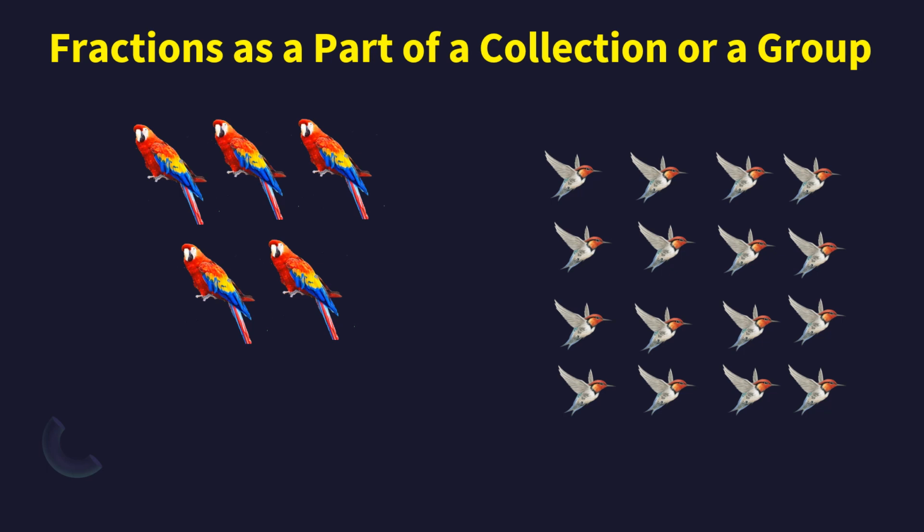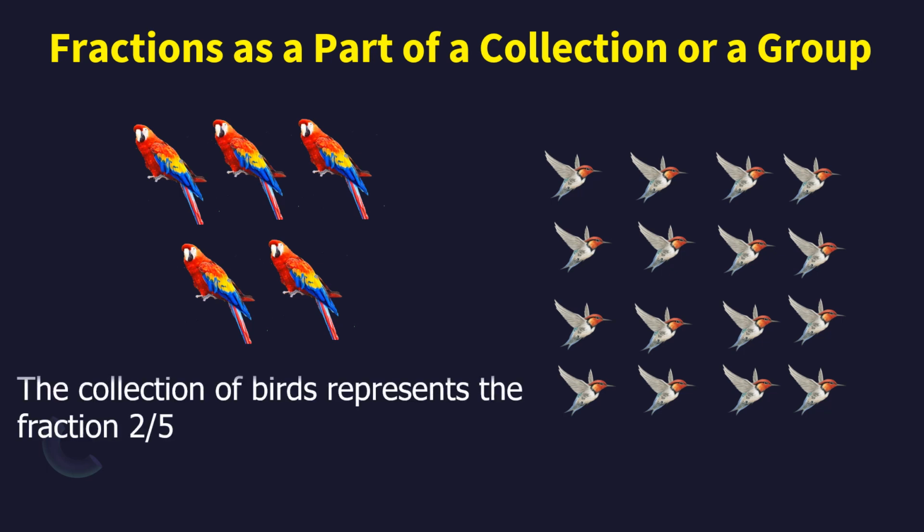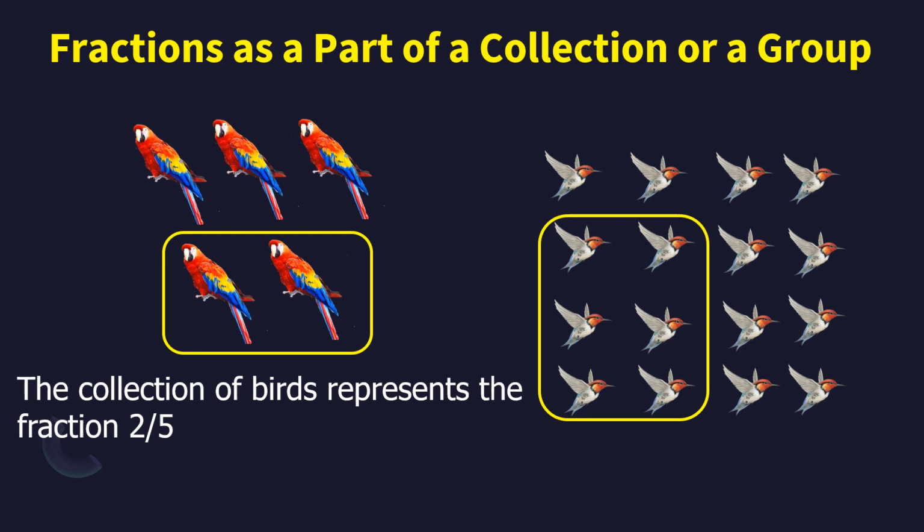I have collected 2 birds, and we can represent this as a fraction: out of 5, 2 birds are collected. So 2 by 5. In the second picture we have 16 birds in the collection. We collected 6 birds. So what will be the fraction? 6 by 16.